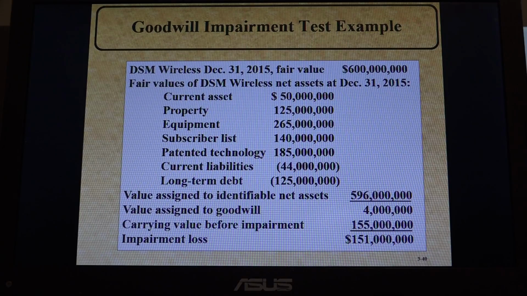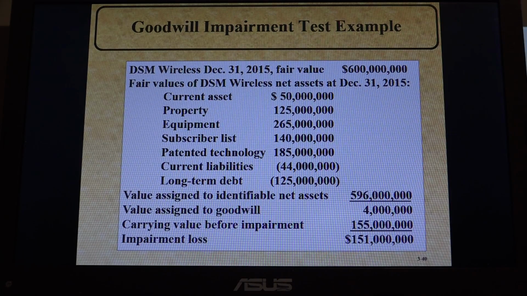That's your implied goodwill. The excess after assigning values to the identifiable net assets. And then you compare the implied goodwill, the value assigned to goodwill, in this case $4 million, to the carrying value of goodwill. And if it's less, you have to take an impairment loss for the difference.